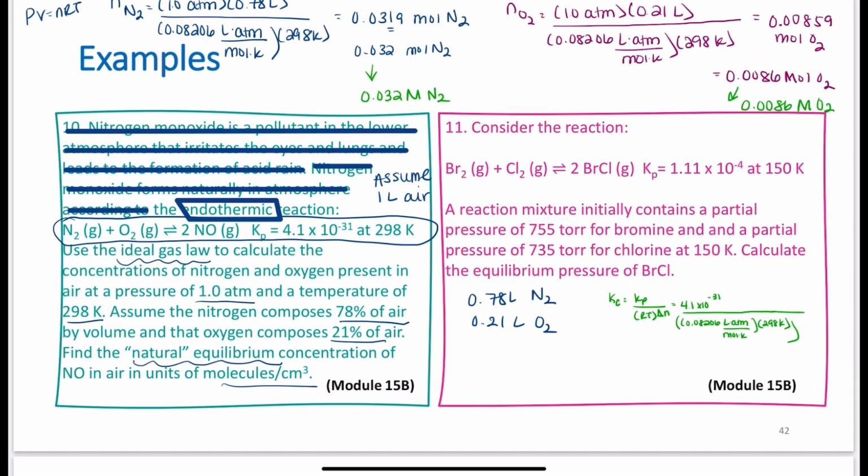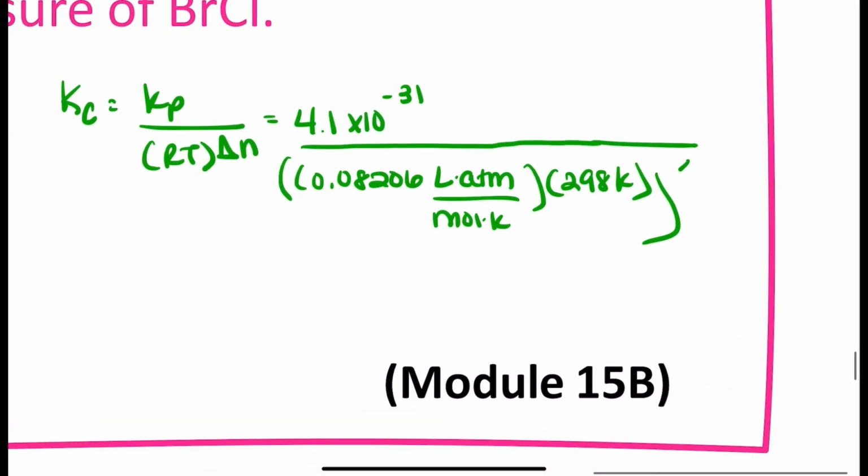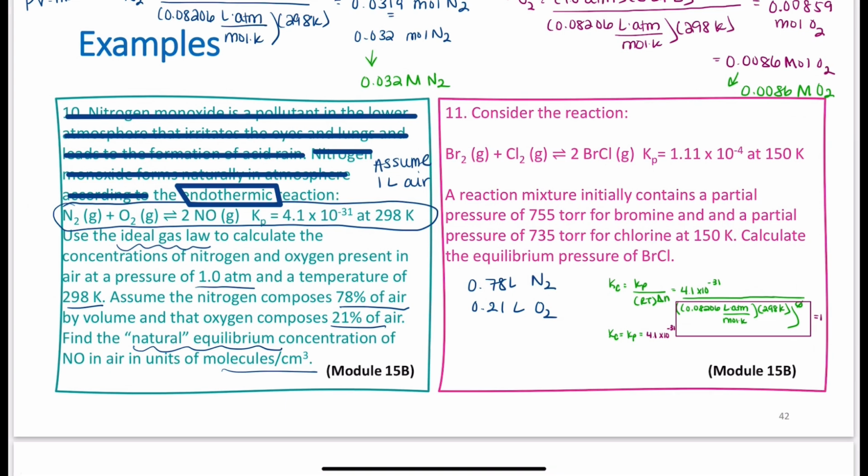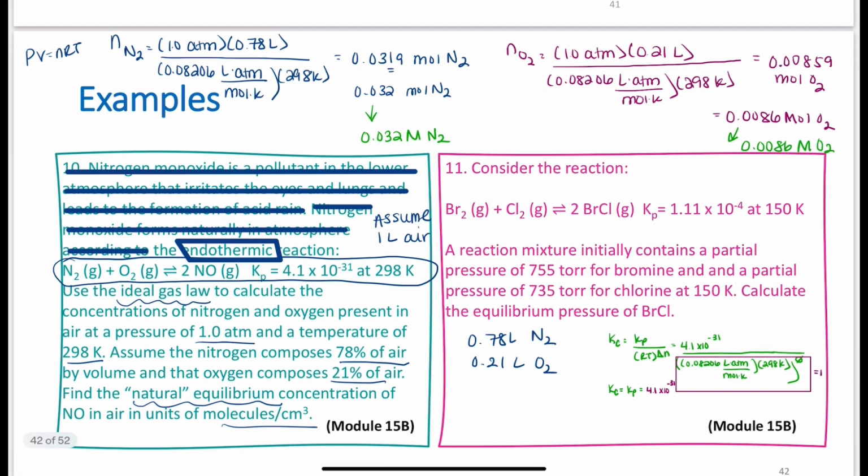I have 2 moles of gas on the reactant side, 2 moles of gas on the product side. That makes it pretty easy. It's raised to the power of 0, which means Kc is equal to Kp. Because remember, I'm not dividing by 0. This whole quantity being raised to the power of 0 means this whole thing is equal to 1. So Kc is equal to 4.1 times 10 to the minus 31. Okay, pause it and write stuff down if you need to, because I'm definitely going to erase this whole thing right now.